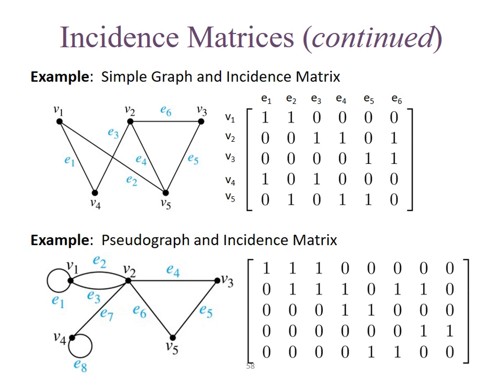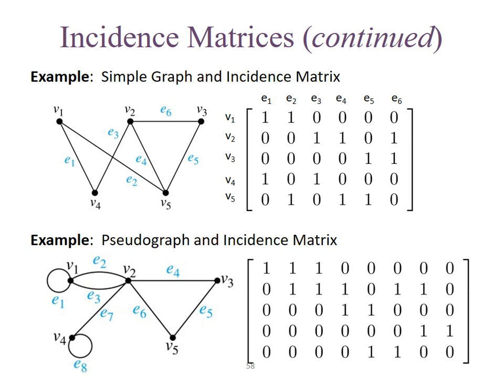All right, so let's check this example. If we have the graph V1 to V5, and then we label the edges E1, E2, E3, E4, E5, E6. So remember, once we have 5 vertices and 6 edges, then the dimension of the matrix will be 5 by 6.